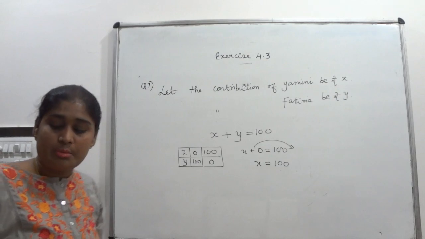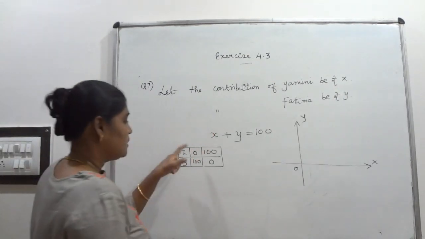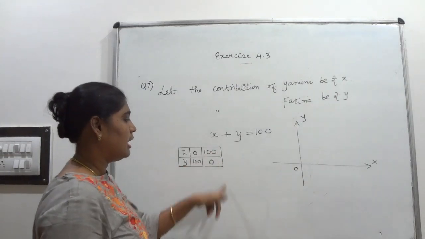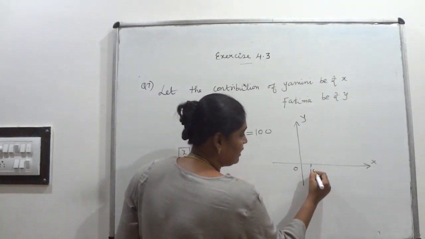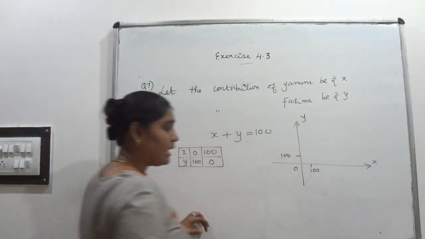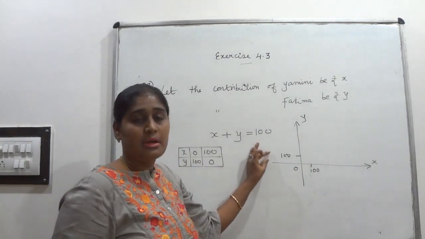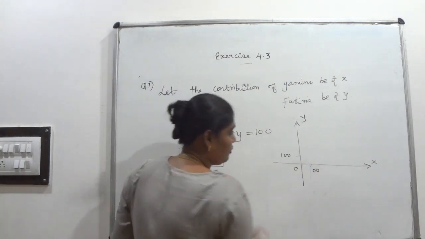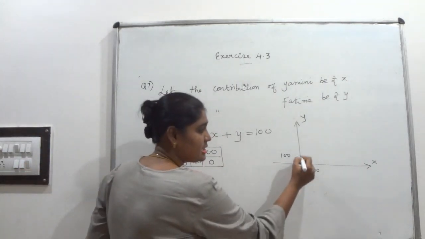With these 2 points I am going to draw the graph. It's very simple. 0, 100 and 100, 0. So the maximum in the x-axis, 100 will be there, like the y-axis 100. So directly I have taken 100 here in the x-axis, 100 here in the y-axis. So check now. 0, 100. 0 in the x-axis, 100 in the y-axis.